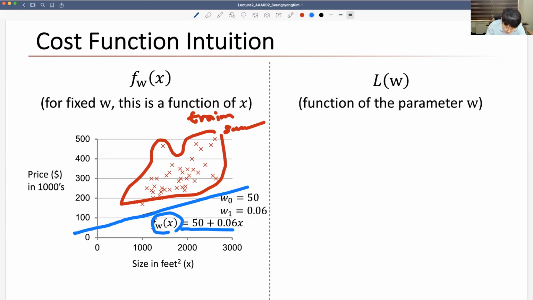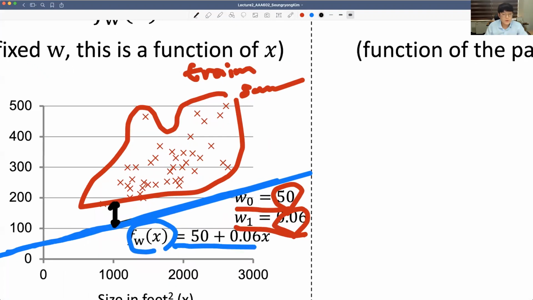In this case, let's say w0 is 50 and w1 is 0.06, which makes the straight line something like this one. Then we can measure the distance between the ground truth y and the estimated one. For example, for each sample, we can measure the distance, right?